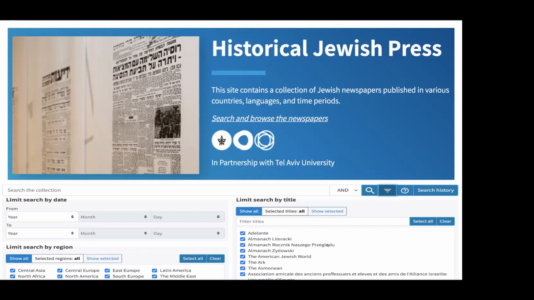That the researcher, the traditional researcher or the historian, is searching for a term and can browse and maybe cut the pieces of the corpus that they want to search in, and then they can search and limit the search according to the year, the geography, and the geography doesn't mean the geography of the subject matter, but where the newspaper came out, and by the title of the newspaper.